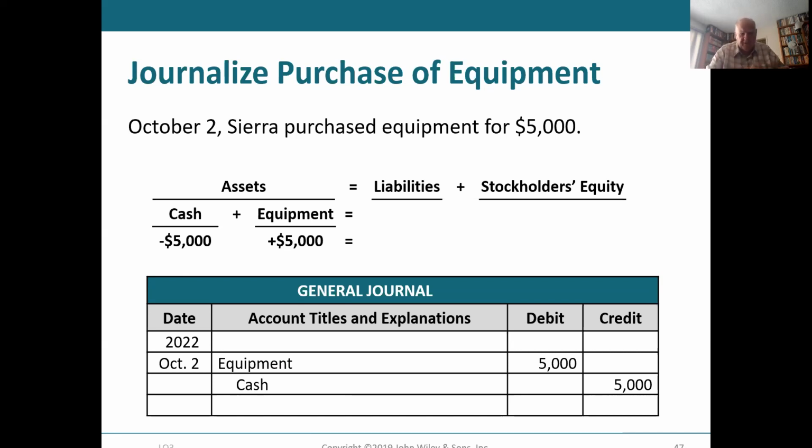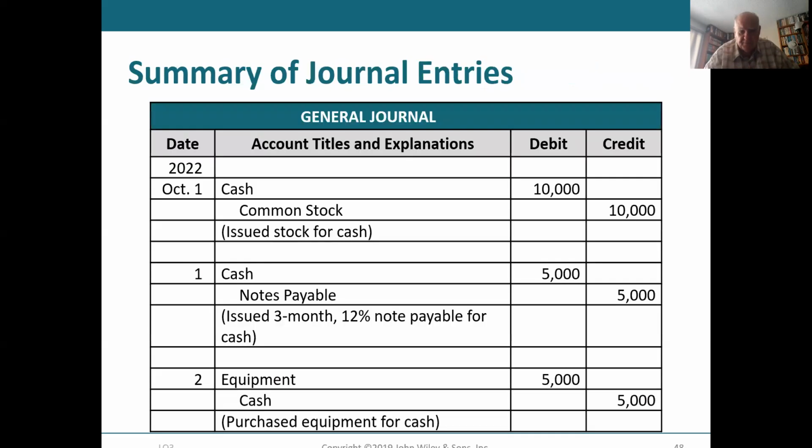And you key in the date, or your system automatically puts it in if you want. You key in your debit first, $5,000, you credit cash, $5,000. So get familiar with the journal entries, the general journals. For purposes of this course, that's how everything gets into the financial statements.